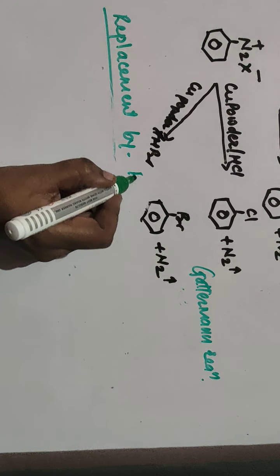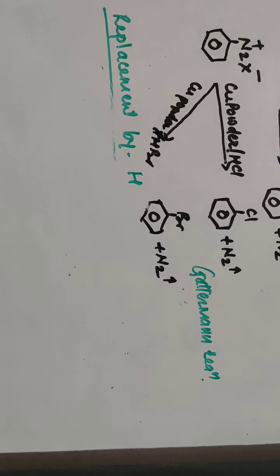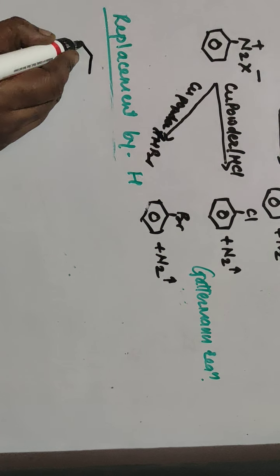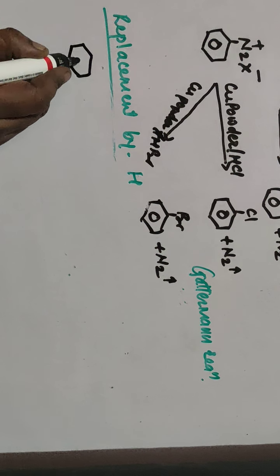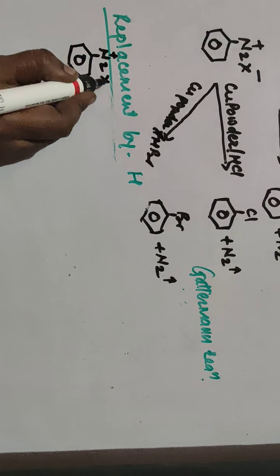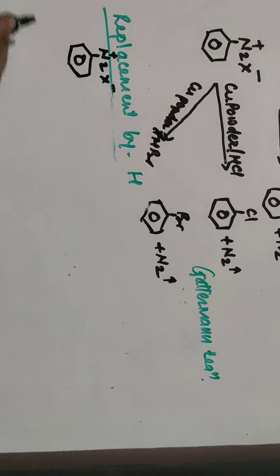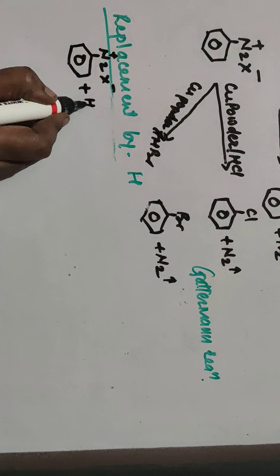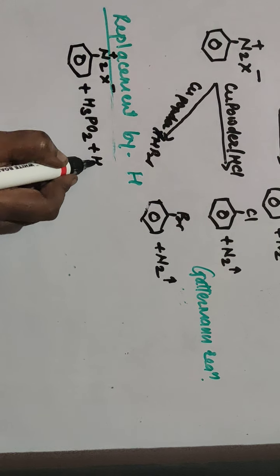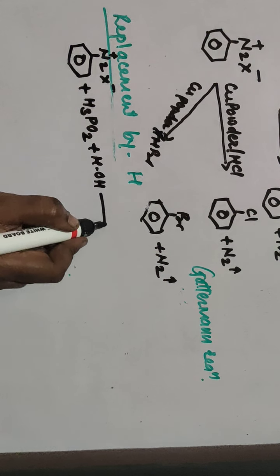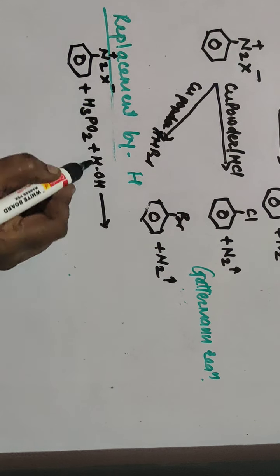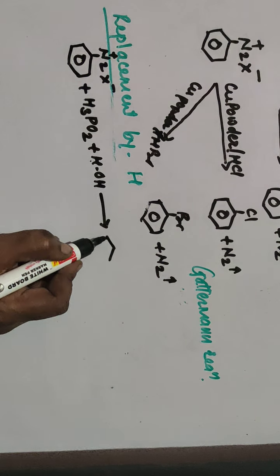Replacement by H. So in this case, your diazonium salt, N2+ X-, when it is treated with H3PO2, there is a formation of the corresponding compound, this whole group is replaced by hydrogen, so you will get benzene.